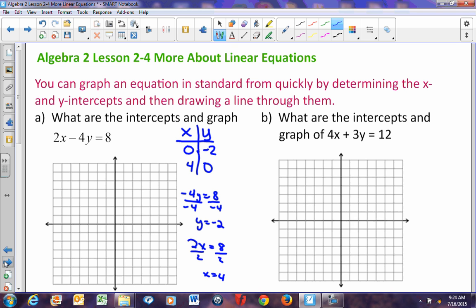(0, negative 2) is here. And (4, 0) is here. And then I can draw my line.